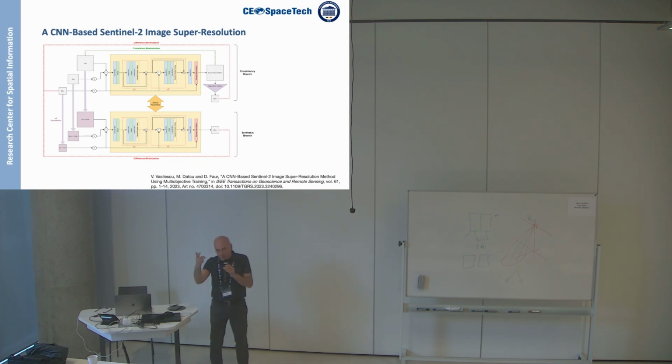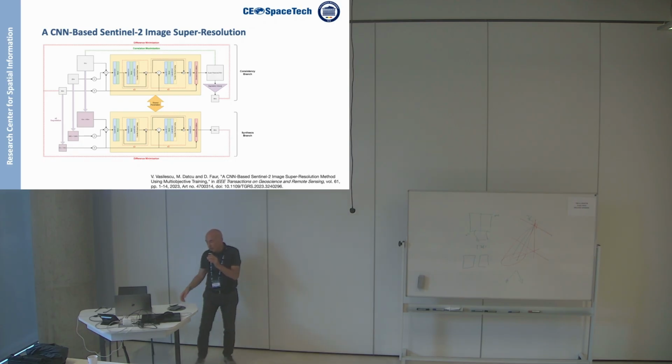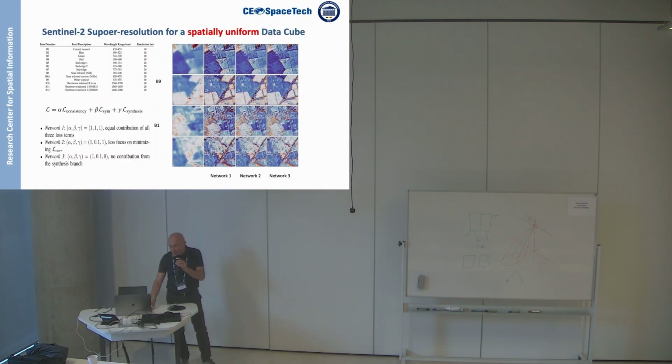When we generate, we have a loop, and in the loop we pass through the model of the system, and we compare the error according to the transfer function, the point spread function, the modulation transfer function. That's a condition to respect the physical properties of the super resolved data.